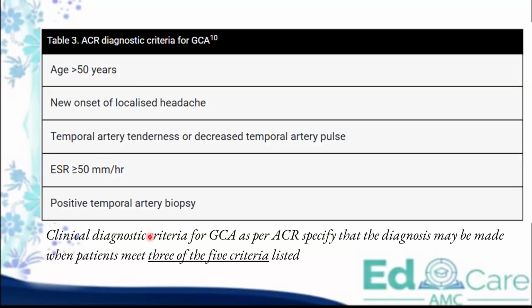Diagnostic criteria. So this is according to their RACGP guidelines, and they are following the ACR guideline as well. Diagnosis may be made when patients meet 3 of these 5 criteria listed. So again, if you notice, age is more than 50 years. So it's easy to remember, right?